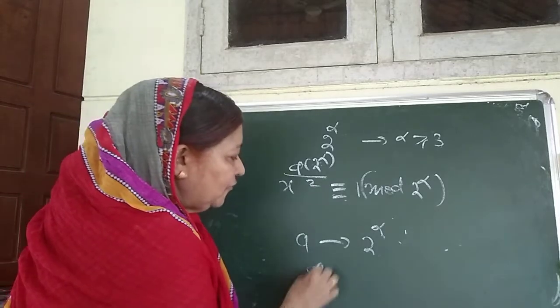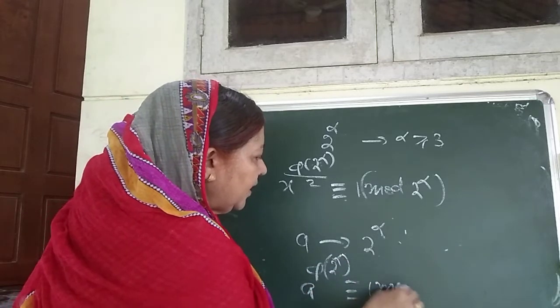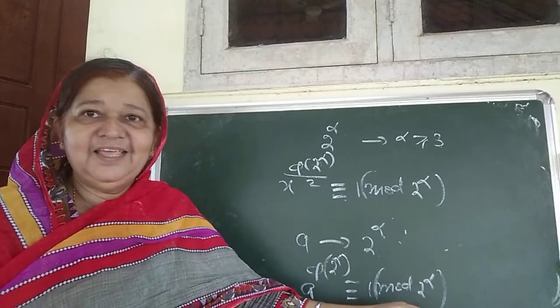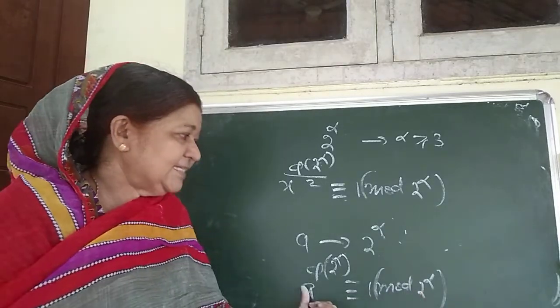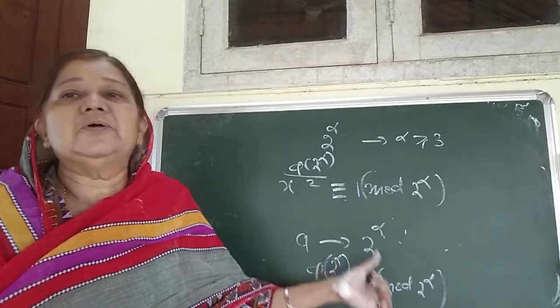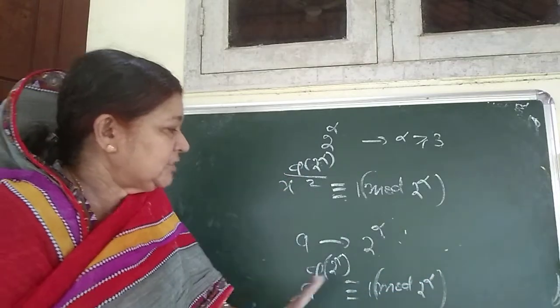a raised to φ(2 raised to alpha) should be congruent to 1 mod 2 raised to alpha. This we know: if a is a primitive root, then a raised to φ(m) is congruent to 1 modulo m. Here we can show that it is not possible.